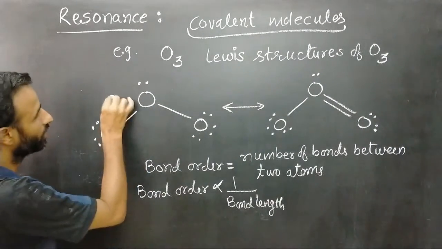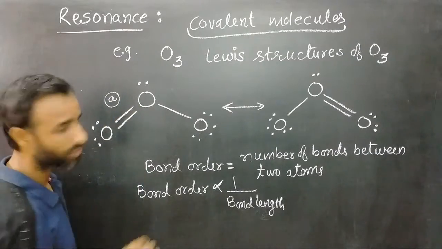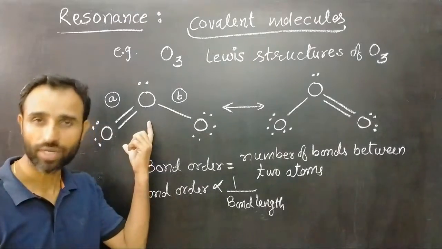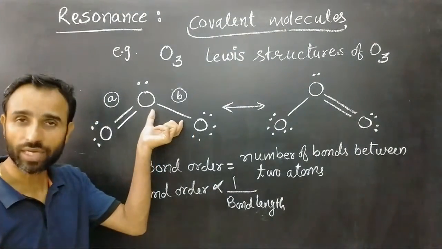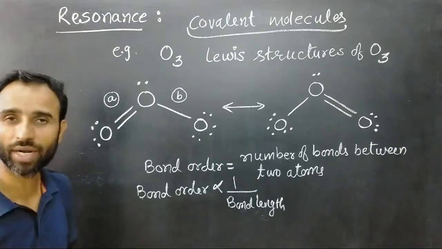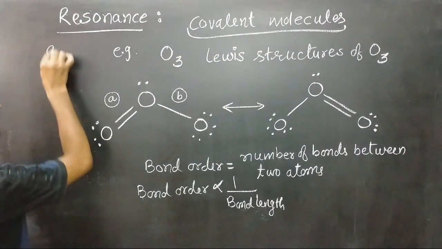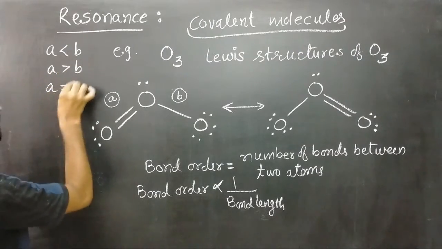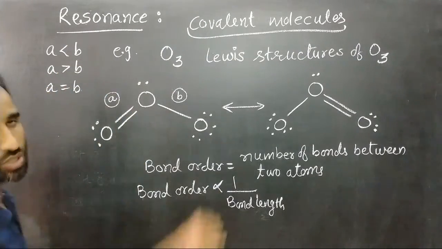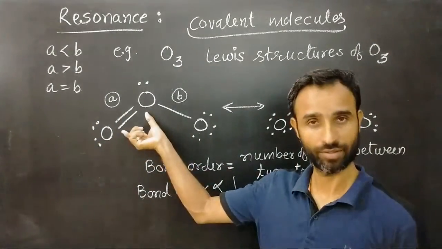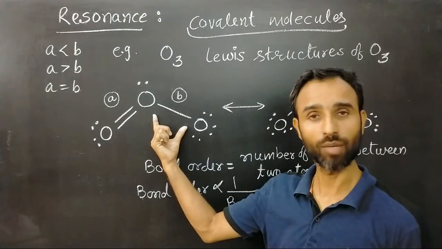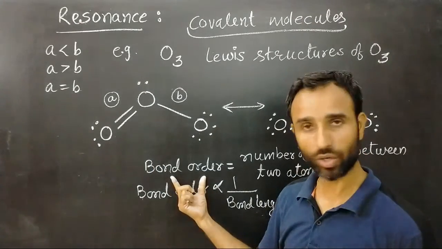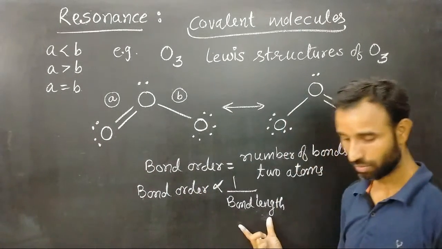So let us take this bond length as A and this bond length as B. So it is a double bond, it is a single bond. So what is the relation between A and B? Either A is less than B, or A is greater than B, or A is equal to B according to this structure. So this is a double bond and this one is single bond. So more is the number of bonds, more is the bond order, and lesser is bond length.